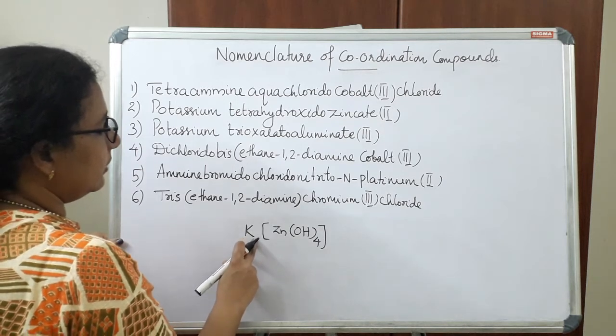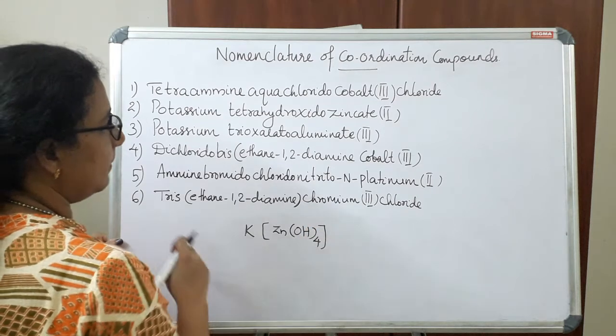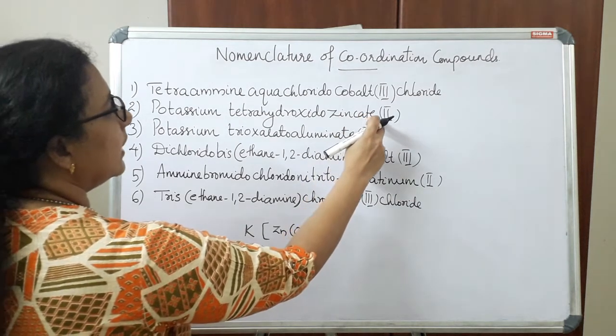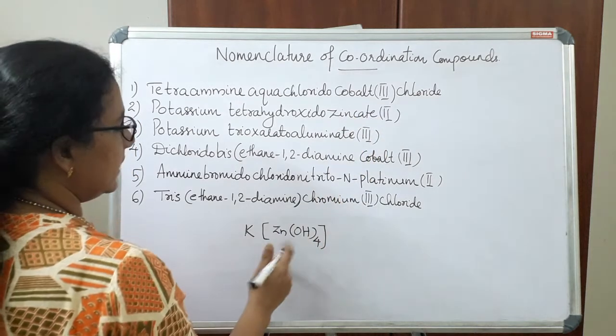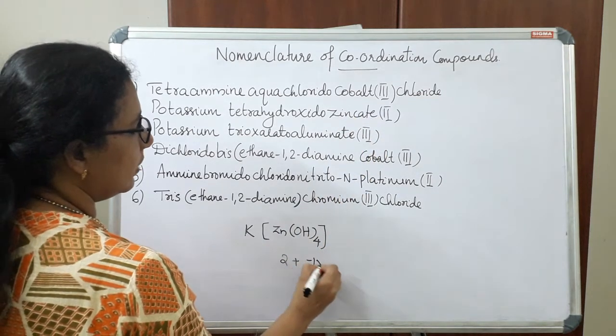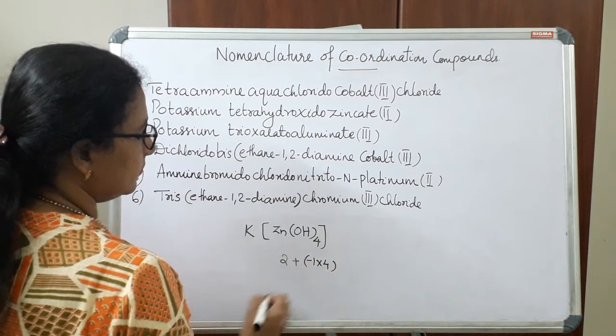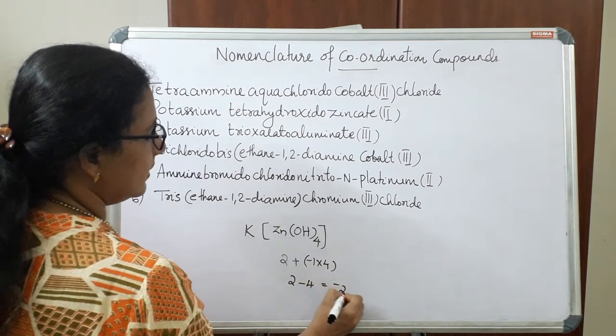In order to find out that number, we need to find out the charge of this complex part. We can use this 2, which is the oxidation number of zinc. So 2 plus OH, it is minus 1 into 4, that is 2 minus 4, equal to minus 2.